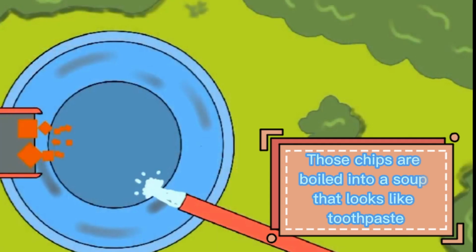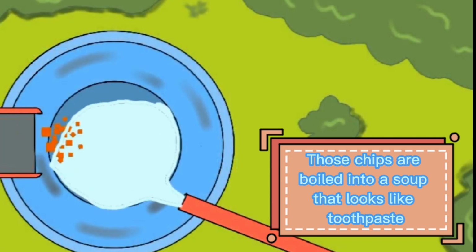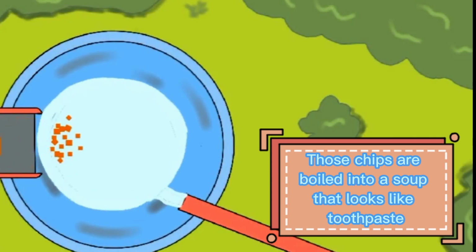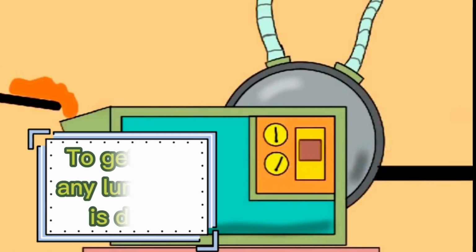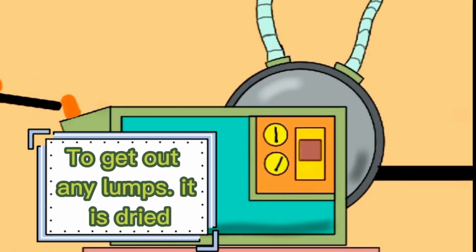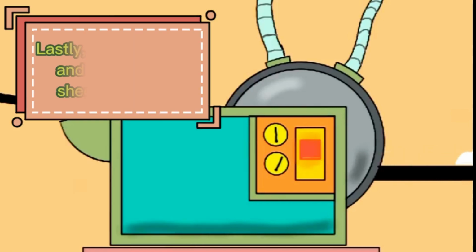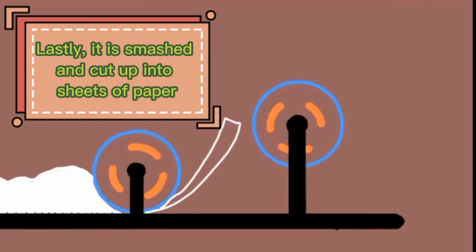Those chips are boiled into a soup that looks like toothpaste. To get out any lumps, it is dried. Lastly, it is smashed and cut up into sheets of paper.